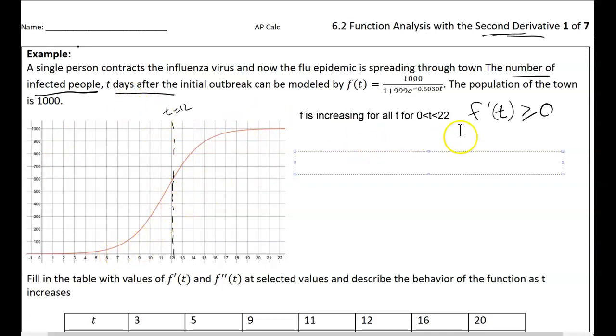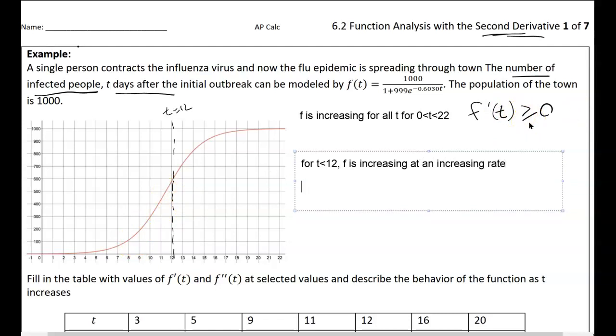So f is increasing for all t, but for t less than 12, f is increasing quickly. And in fact, it's increasing faster and faster the bigger t gets. So I'm going to say it's increasing at an increasing rate. And leave yourself a little bit of space because we're going to elaborate on this later.